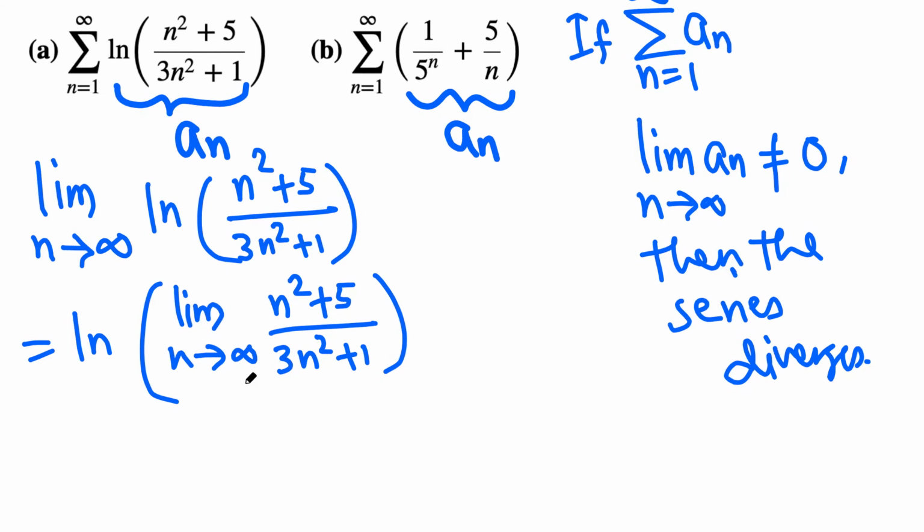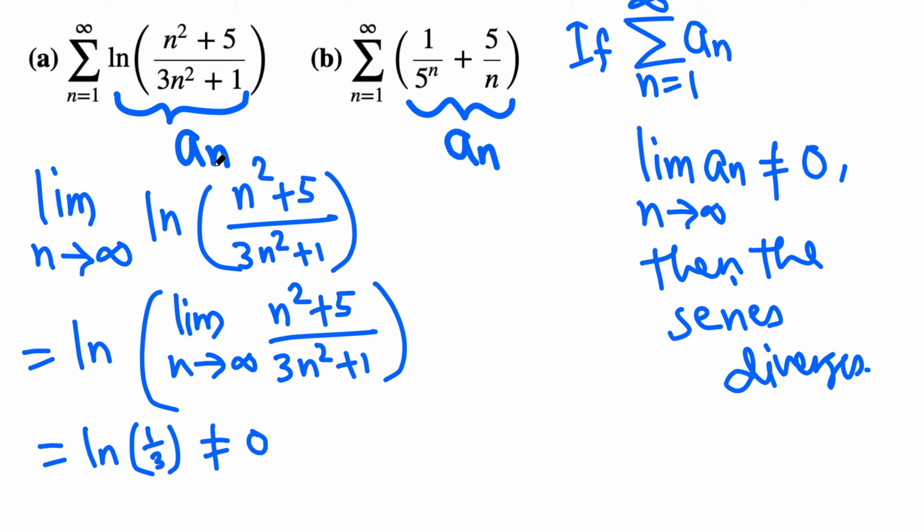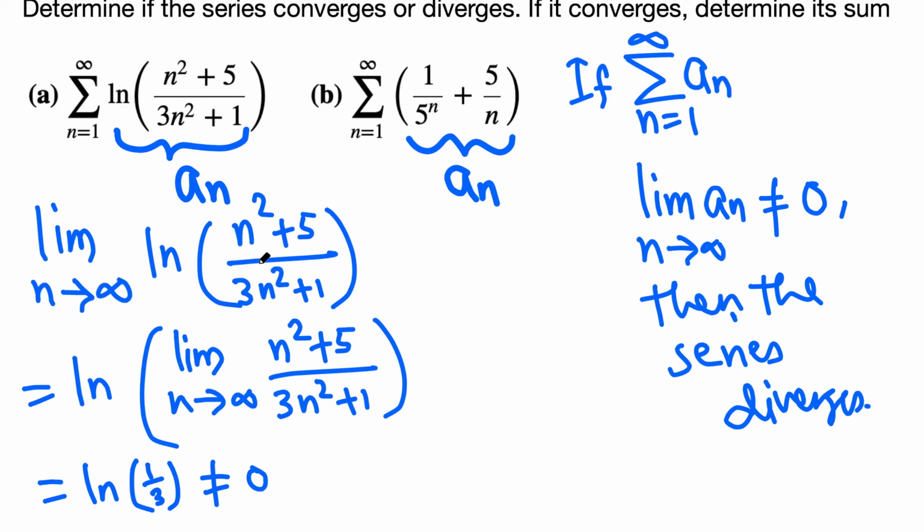When n goes to infinity, the plus 5 and plus 1 do not count, just n squared over 3n squared, and that's 1 over 3, because we got the same power on the top and bottom. So this is natural log of 1 over 3, which is not equal to 0. Okay, this is some decimal number. That means this series diverges.